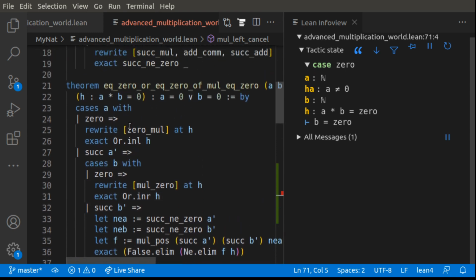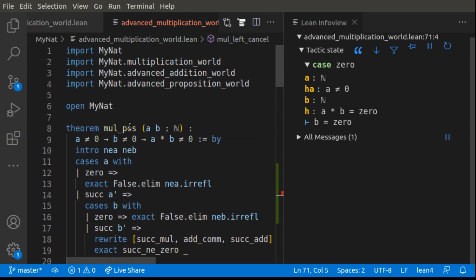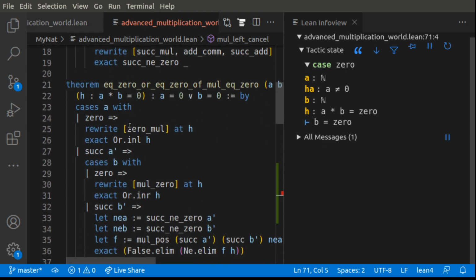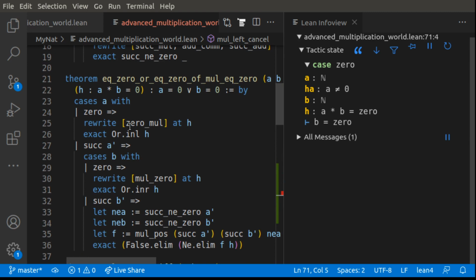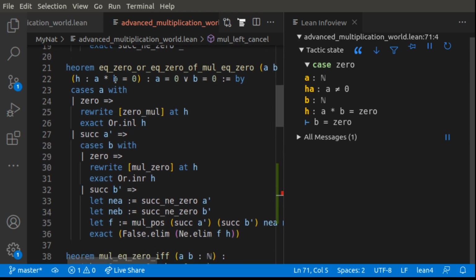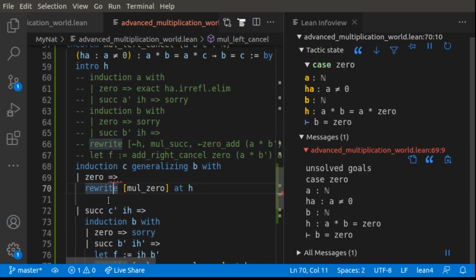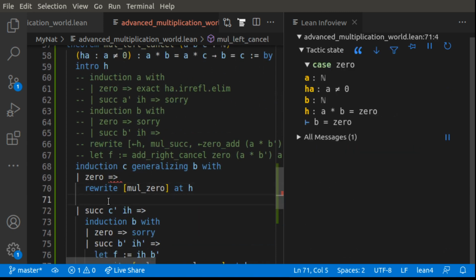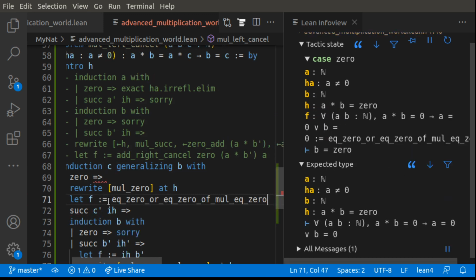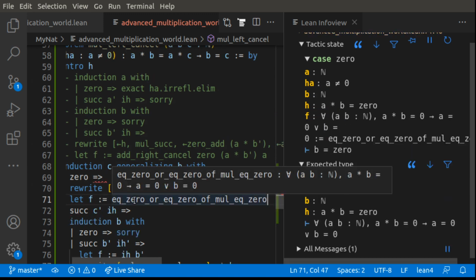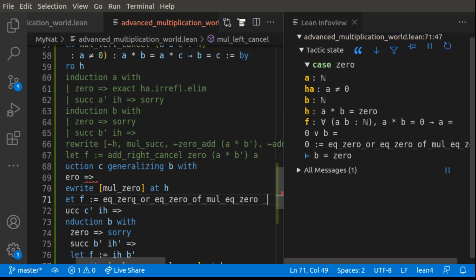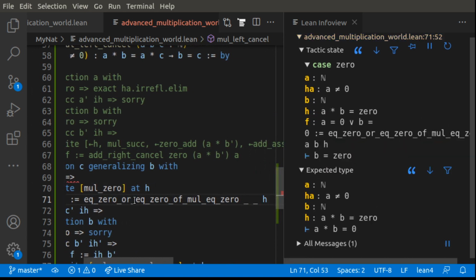Mul positive maybe. Nice. Okay, we just use this. Let f be defined to this. This takes something h.